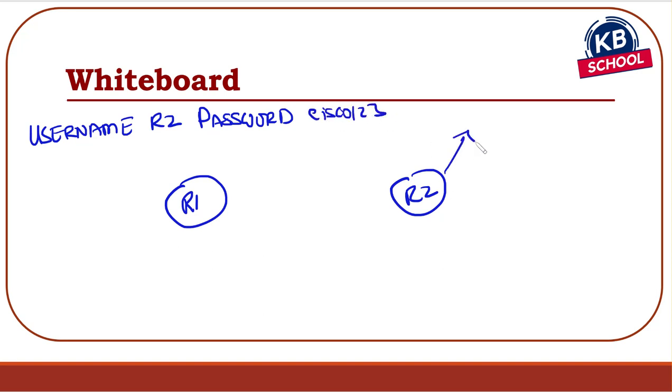On router 2, you would do the same thing, create a username, but over here the username will be R1 and the password will be the common password, Cisco123. So it's going to be the same.